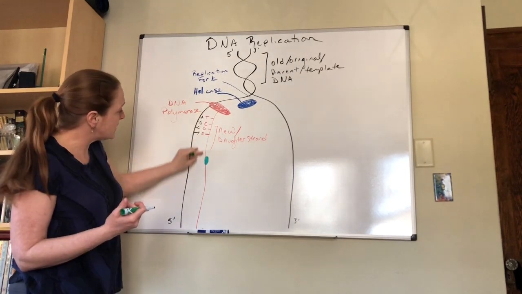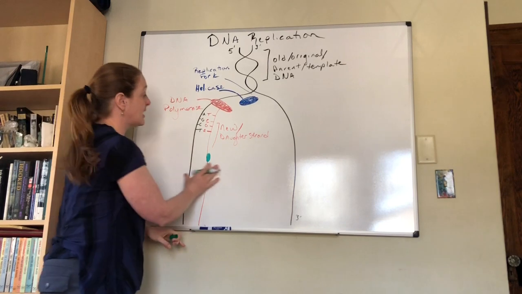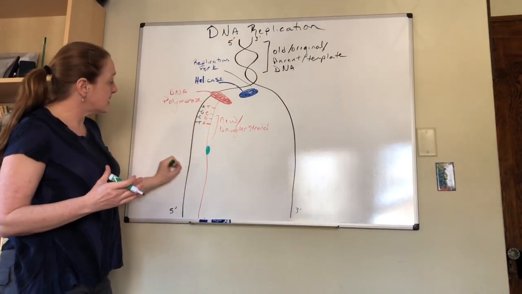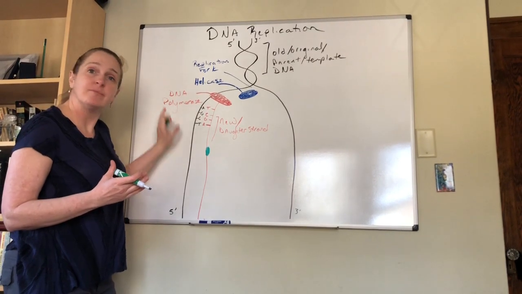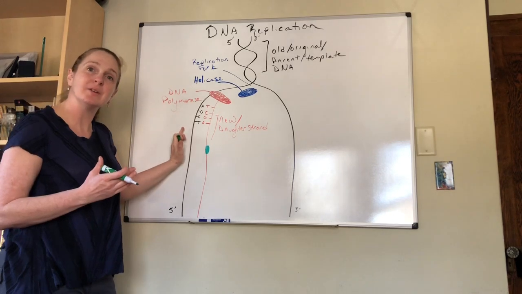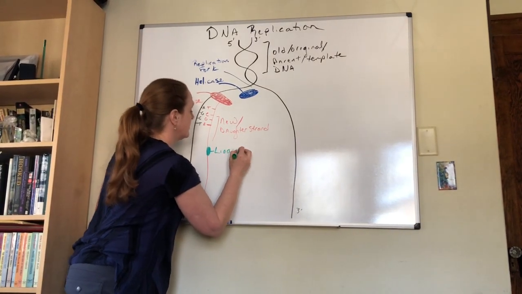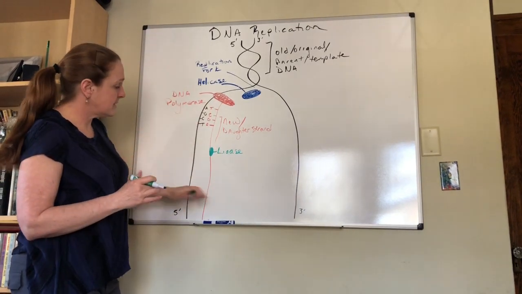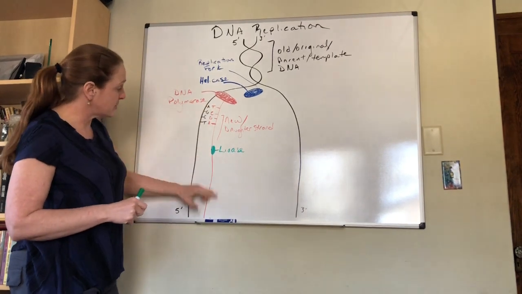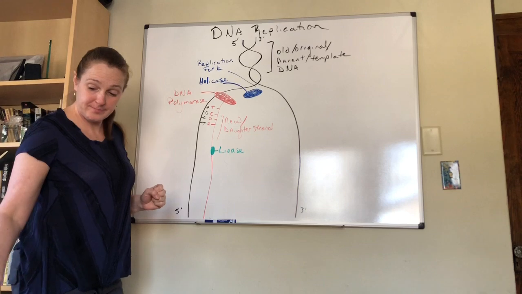It is that sugar-phosphate backbone, drawn as a single line here, that gives this entire DNA molecule stability. Now, we don't need to go back and do anything to our old strand of DNA. Those sugars and phosphates have been bonded together for a long time. We know that this is stable, we know that this is fine, but ligase will come along and make sure that this strand of DNA is completely fused. All of those sugars and phosphates are tightly bonded together.